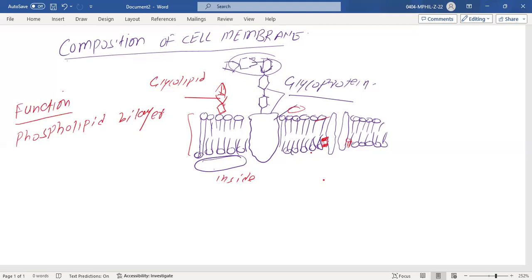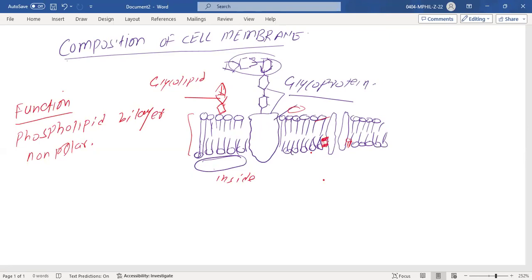These are non-polar, because they are organic molecules, so that's why it is non-polar here. It is a barrier for polar molecules and ions to pass through, a barrier for water soluble molecules like glucose, amino acids, and proteins.